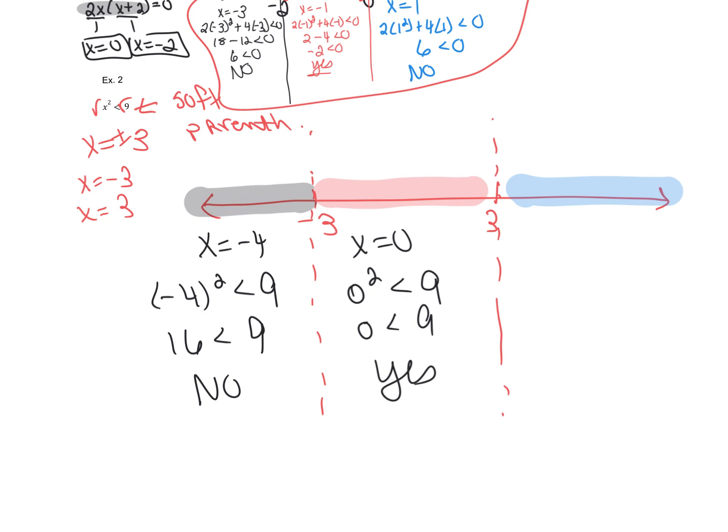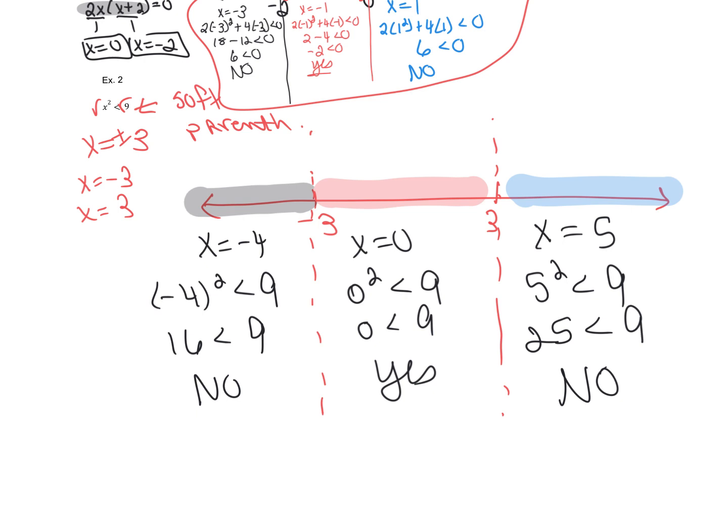And then on the other side, again, let's pick an easy number. x equals 5. If we say 5 squared is less than 9, 25 is not less than 9, so that's going to be a no. So the only part of our graph that's the actual solution is going to be this part.